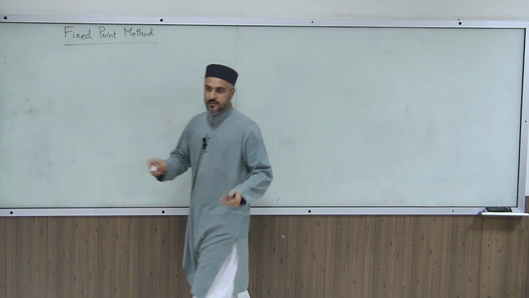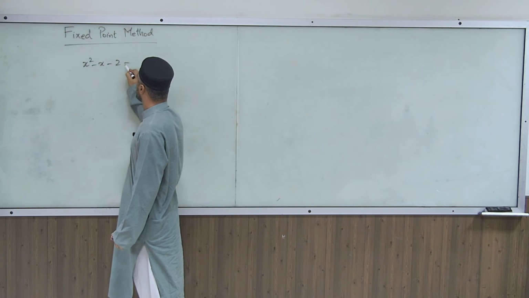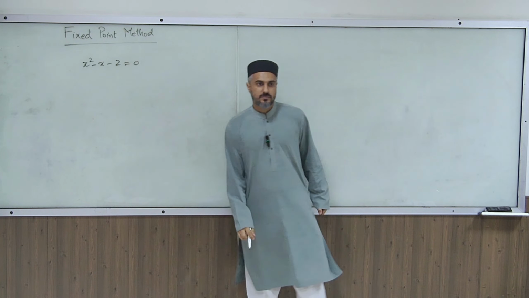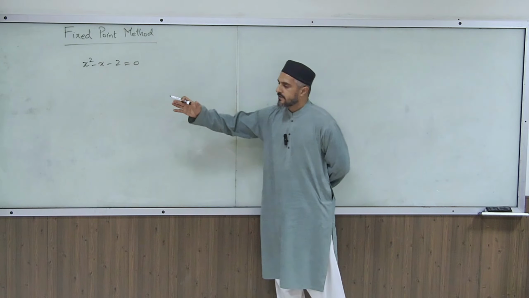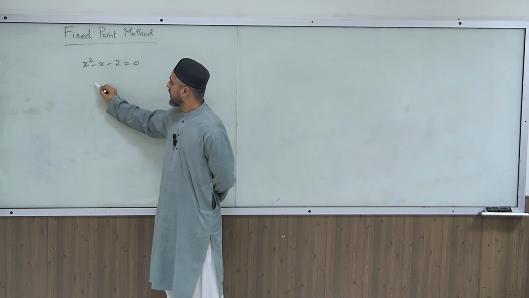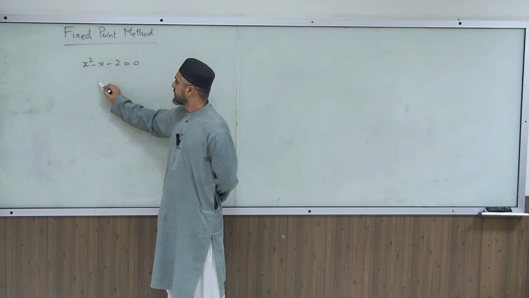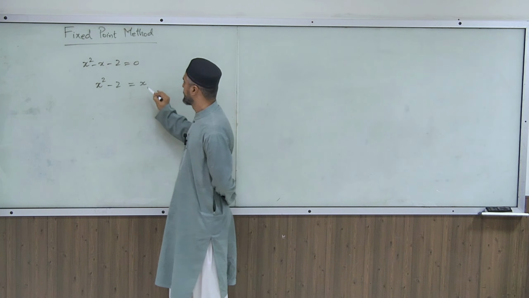For that, let me write an equation which is x squared minus x minus 2 equals 0. Let's take this example. I can rewrite this equation as x squared minus 2 is same as x.